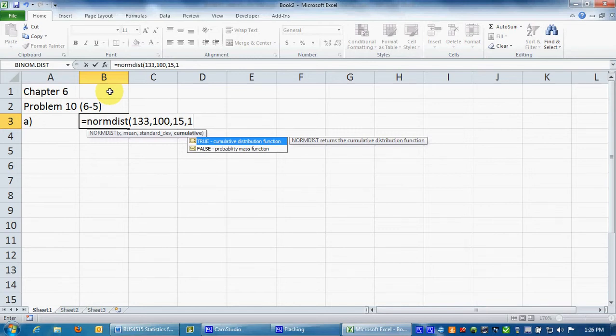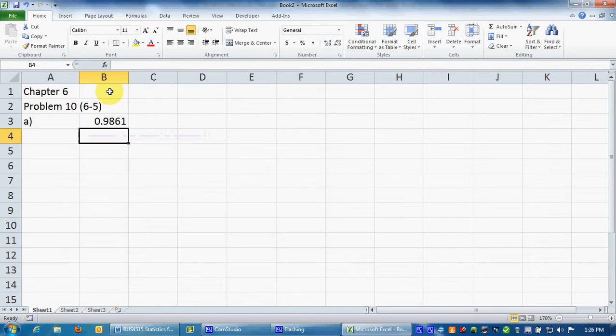In this case, we're going to put a 1. And we get an answer of 0.9861. What this is telling us is the probability of somebody in the population scoring between 0 and 133. What we need is the probability of somebody scoring more than 133.